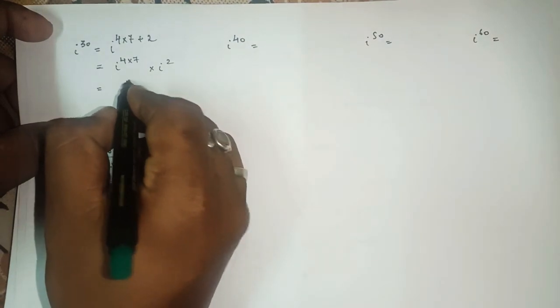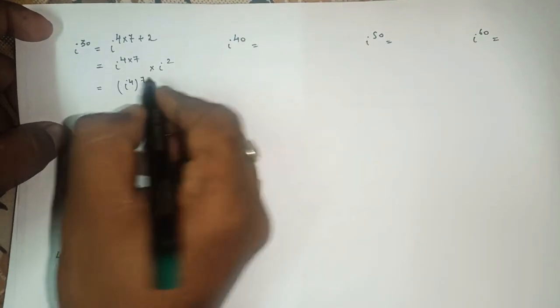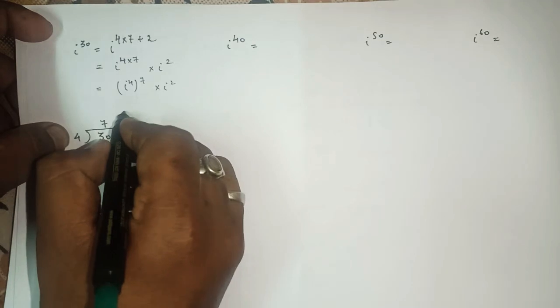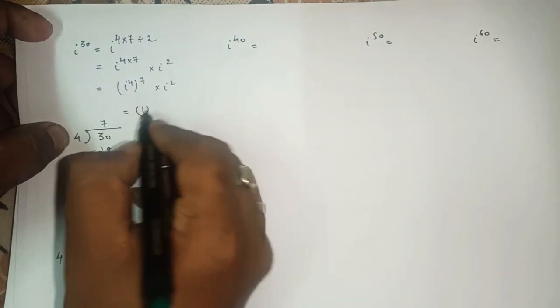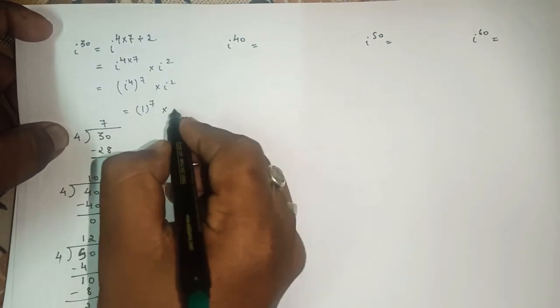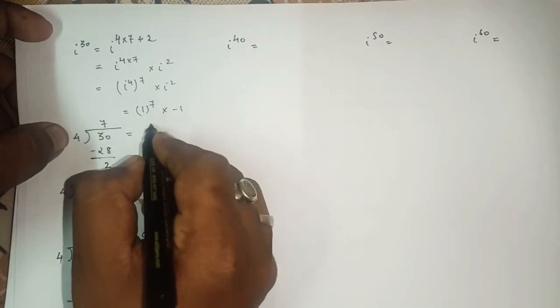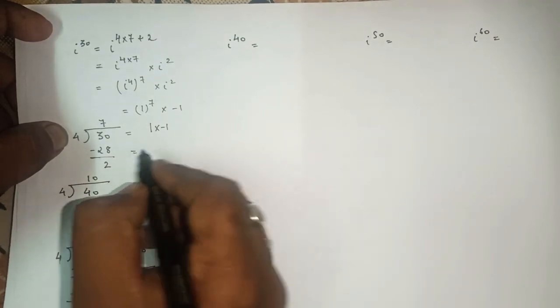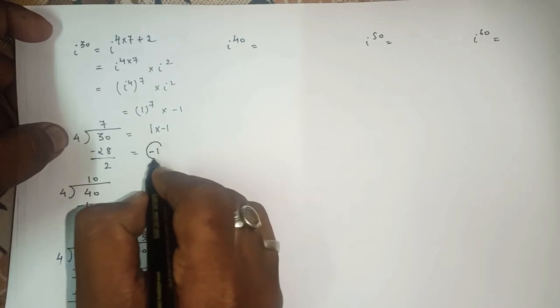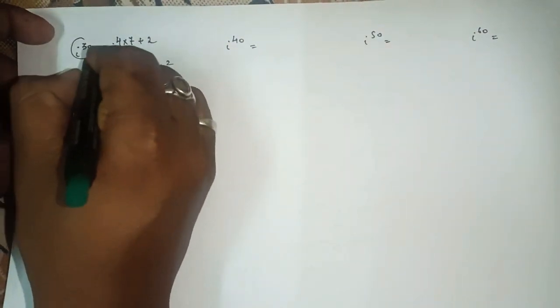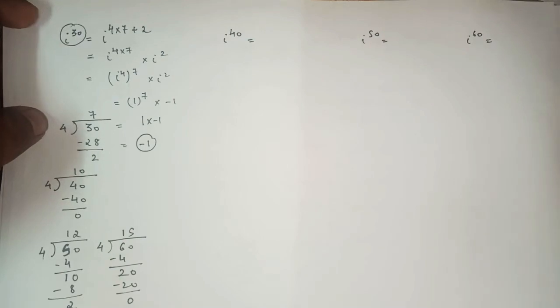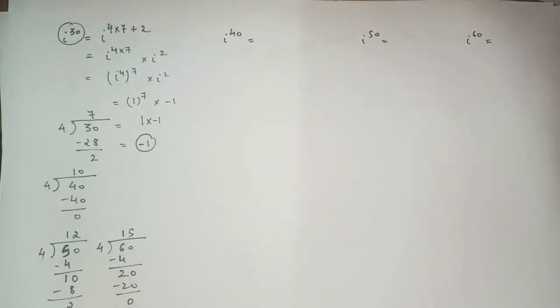And this we can write as i raised to 4 the whole raised to 7 into i square. i raised to 4 we know that it is 1, and i square is what? Minus 1. So 1 raised to any power is 1, into minus 1. So here we got the answer, that is minus 1 for i30. So here we got the i30 as minus 1.